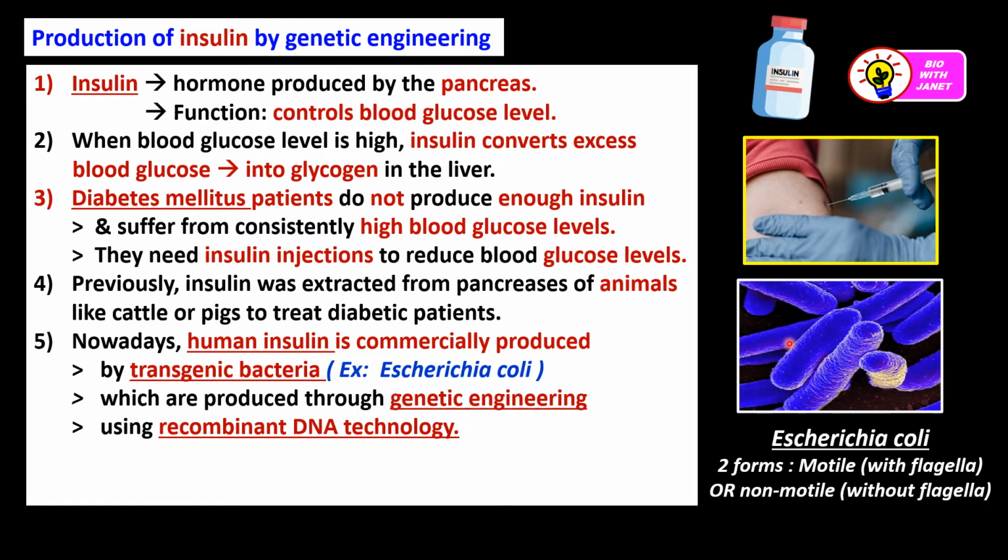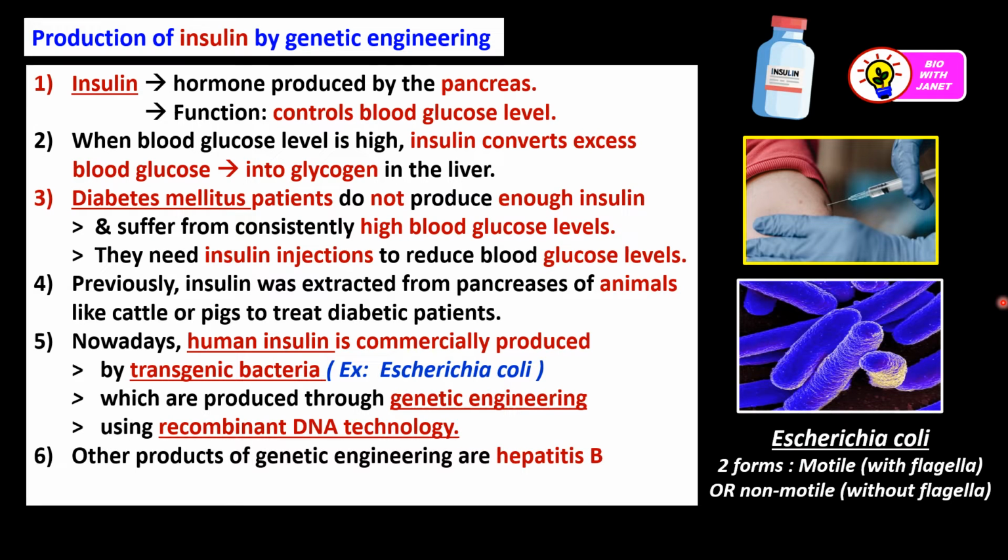And there's the non-motile form that do not have flagella, such as seen here. These do not move much, and so there are two forms because sometimes we see them with the flagella and some without.